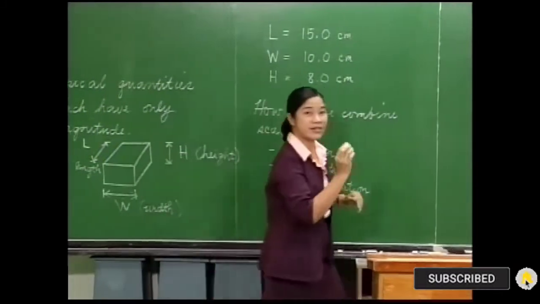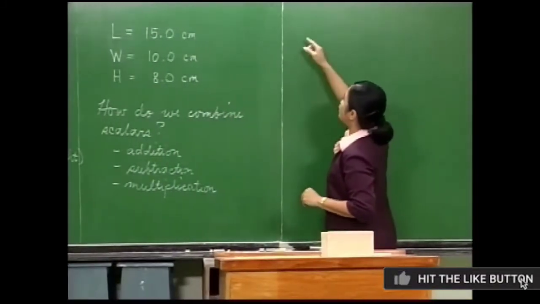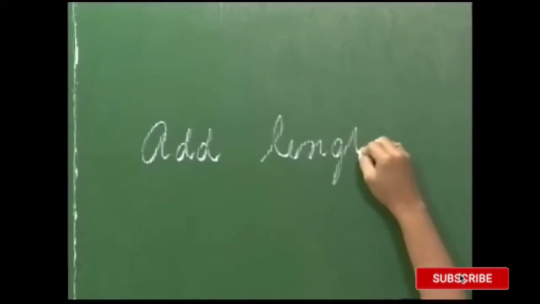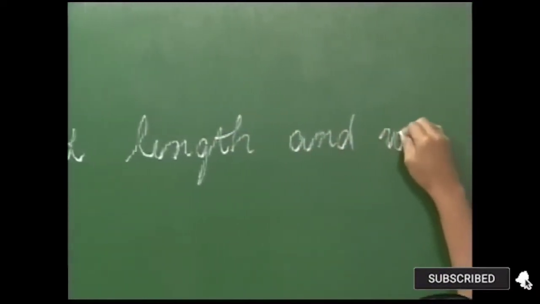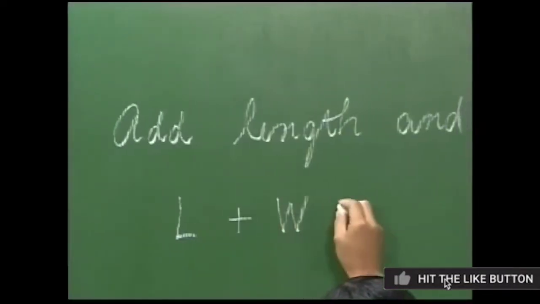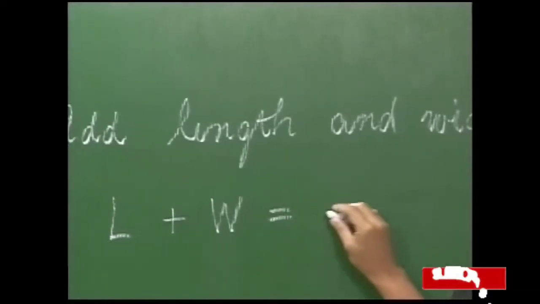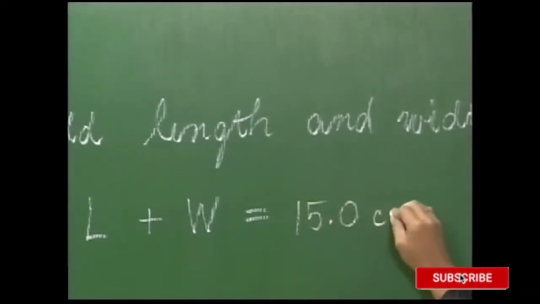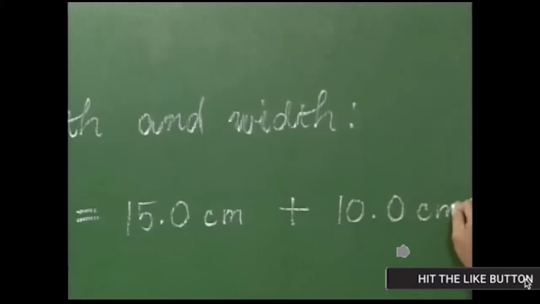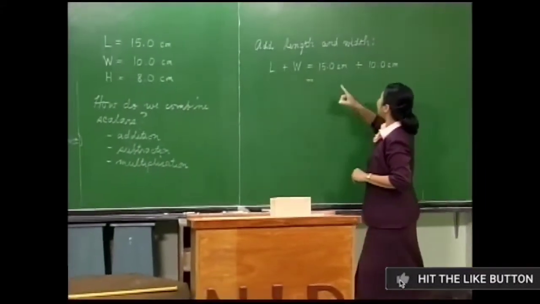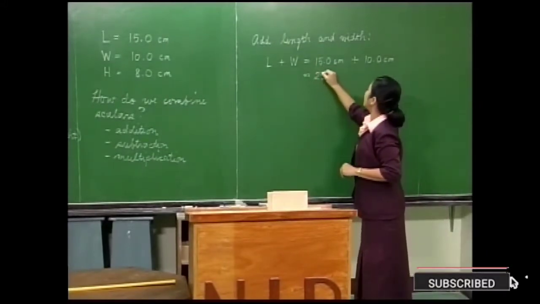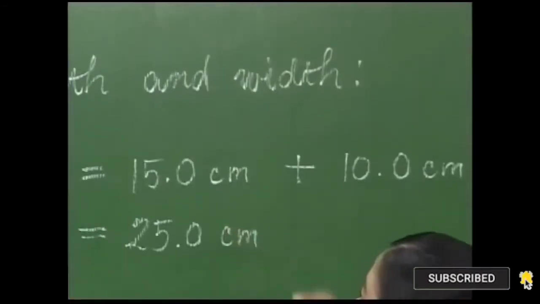Just to review your Science 1, if you were to add, we can add length and width, and you would simply get L plus W. You put in the numbers, 15.0 centimeters plus the width, 10.0 centimeters, and you get simply the addition of numbers, 15 plus 10, so you have 25.0 centimeters.